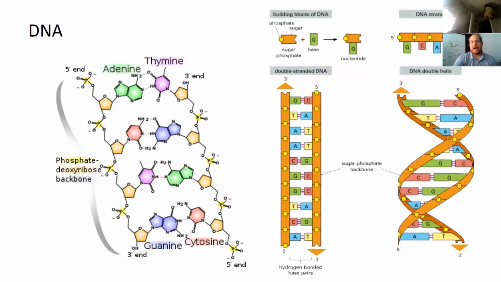DNA is another example of that. You probably studied that in a biology class, where you have primarily four building blocks for DNA, held together through a couple of different types of bonding.